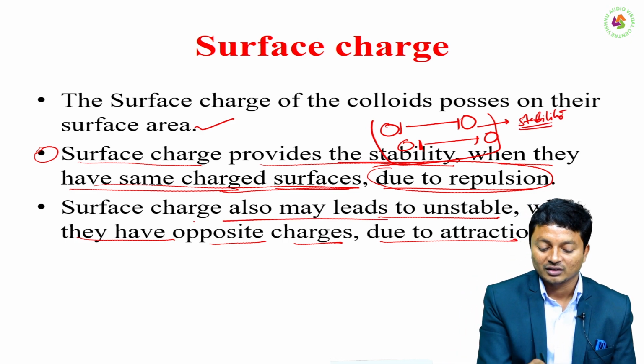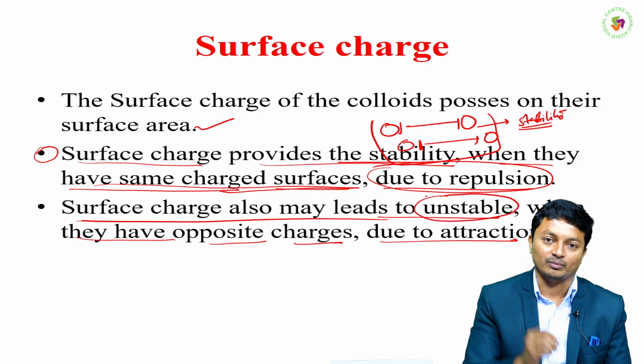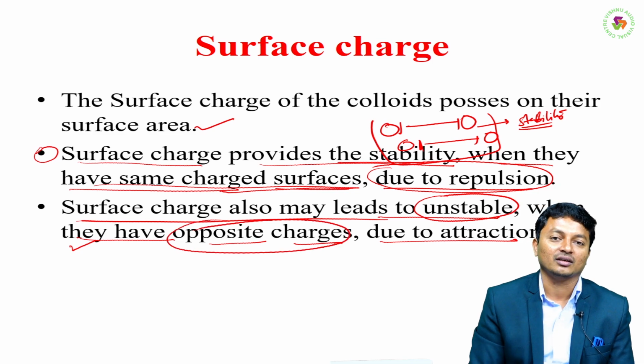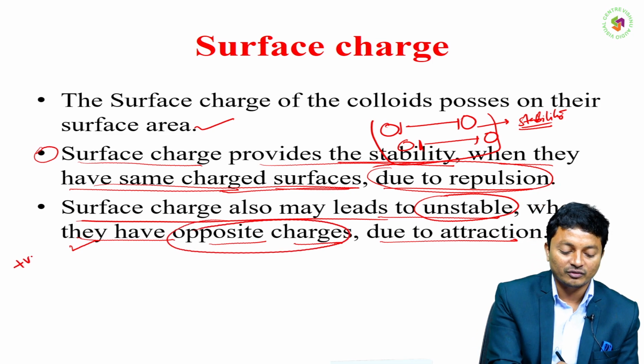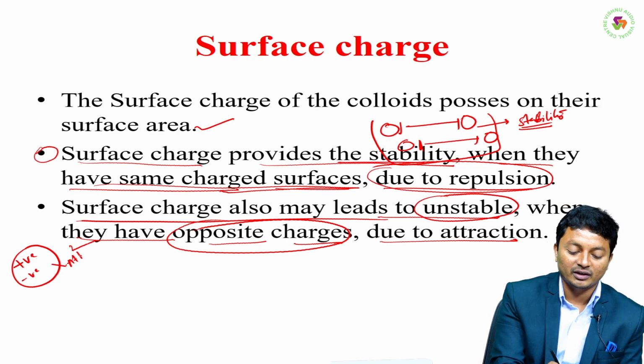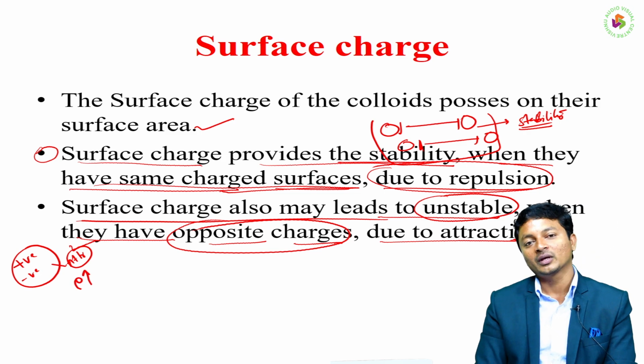Whereas surface charges also may lead to instability when they have opposite charges. That means if you have positive and negative charges, what will happen between these two particles? Attraction forces will be there. Because of the attraction forces, the particle size will increase, and that may lead to an increase in density.